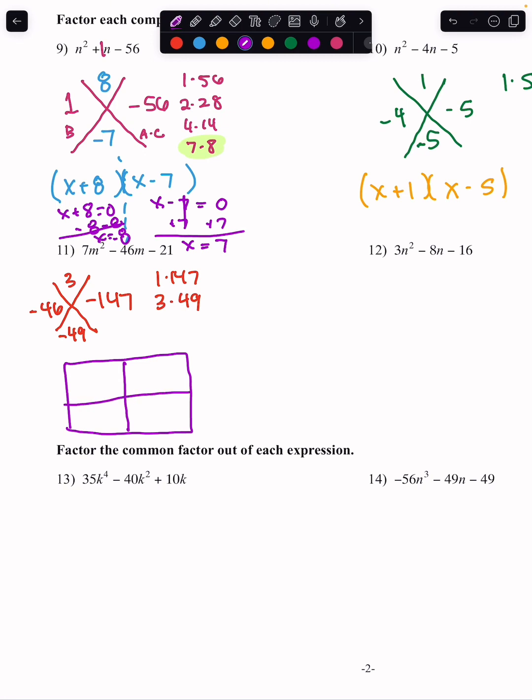All right, so we know 7m squared goes there, and we know negative 21 goes here. Now I got to figure out where I want to put what. And so to me, the first thing I see is negative 49m because I know there's a 7 in there, and I'm going to put the positive 3m because I know that 21 has a 3.